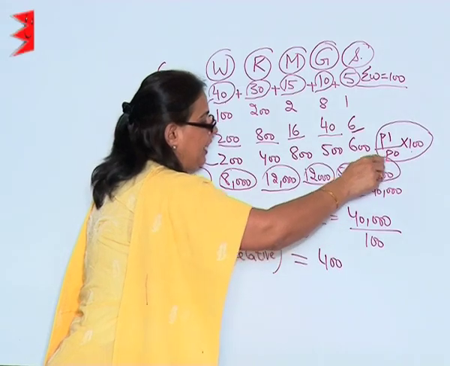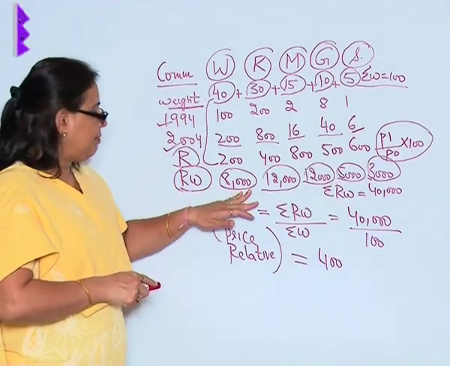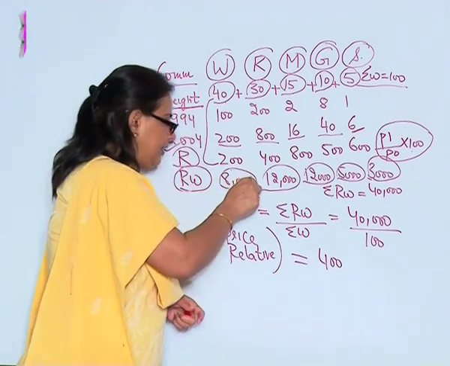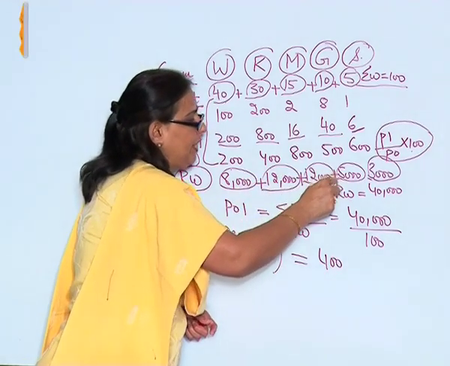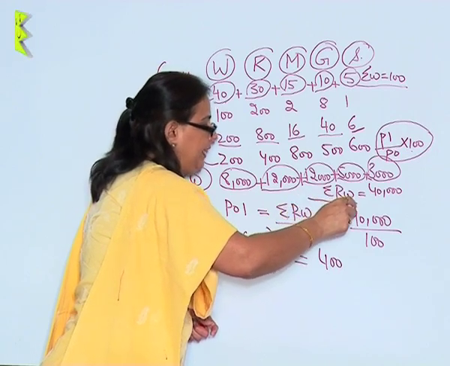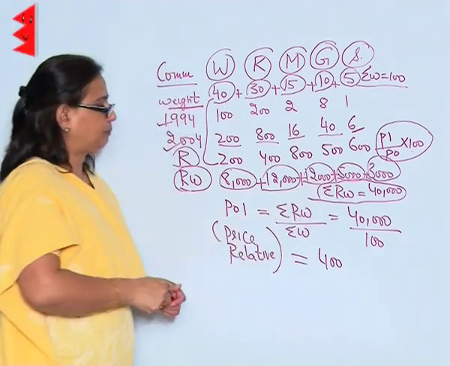Now when I have done this, I will be able to calculate the sigma price relative weightage, that is 8,000 plus 12,000 plus 12,000 plus 5,000 plus 3,000. Sigma RW will be 40,000.